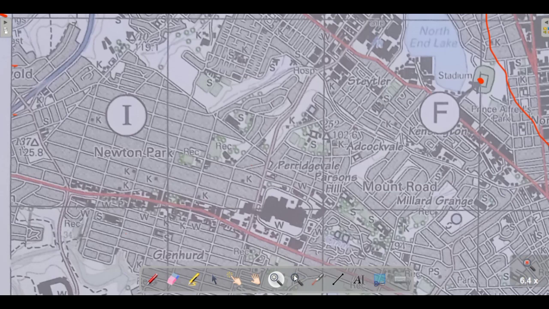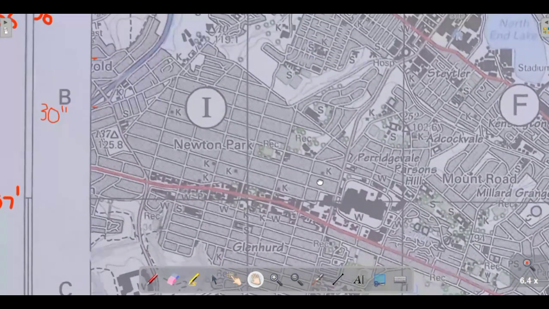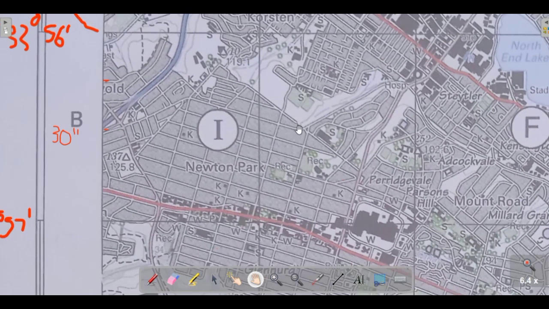So, traffic congestion, well, okay. So, what type of street pattern do you see, guys? What type of street pattern is this? Okay. So, yes, this is a gridiron street pattern or rectangular street pattern.